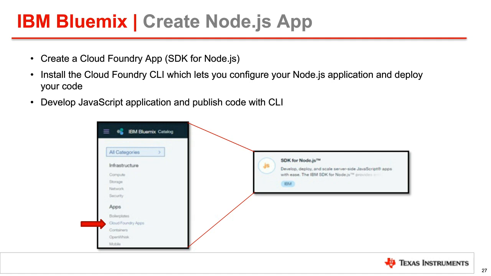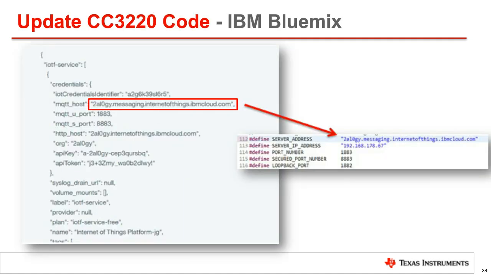Now that we're done configuring our IBM Bluemix applications, we can use the generated MQTT host information and the device credentials to update our CC3220 code. And this will let us test out our connection and actually start using the gateway and any connected BLE peripheral devices.